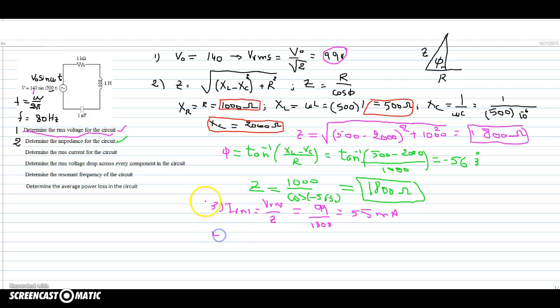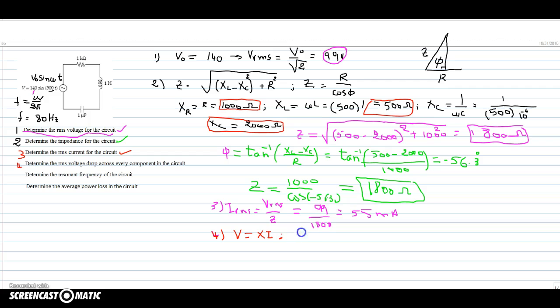Number 4. Let's change the color. Let's use the red. Why not? Number 4. So we answer this one. Determine the RMS voltage drop across every component. So the V is always some kind of resistance, X, times the current.